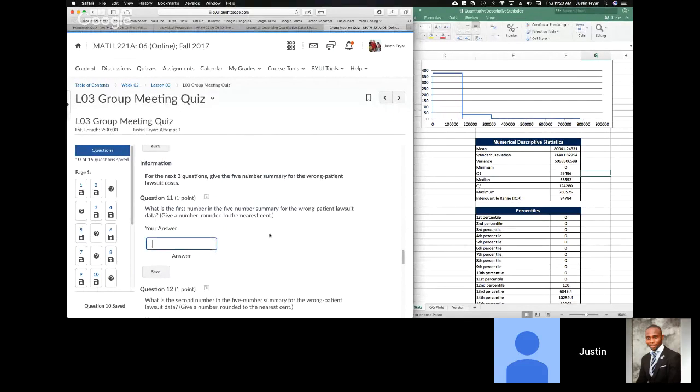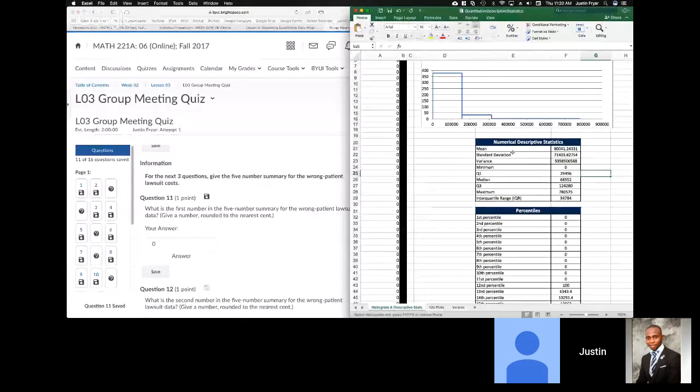That would be the minimum, which is B0. I've found this data sheet from the course material, and it's giving me an analysis of all this.